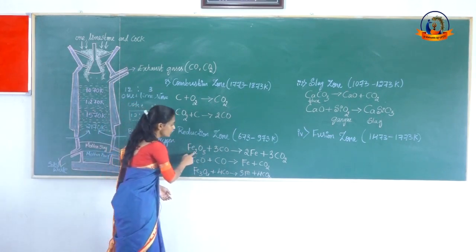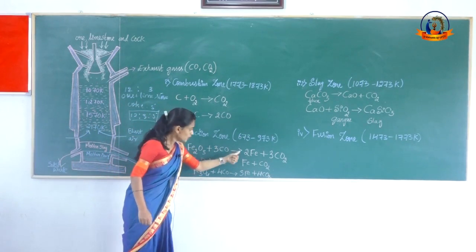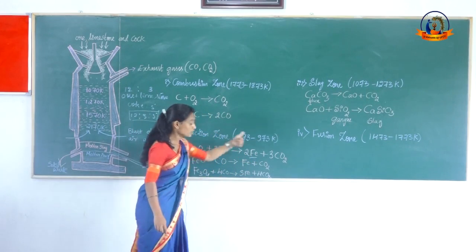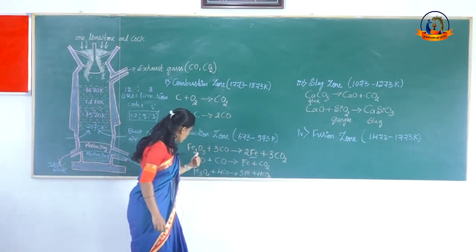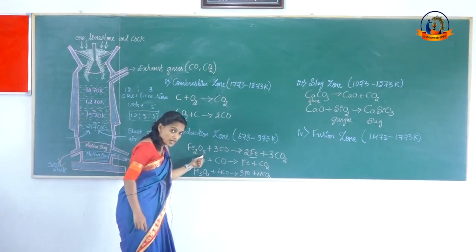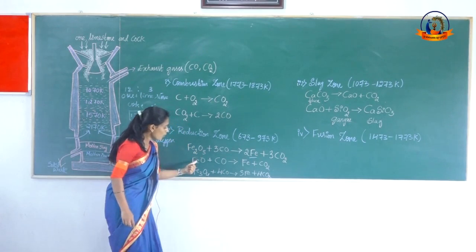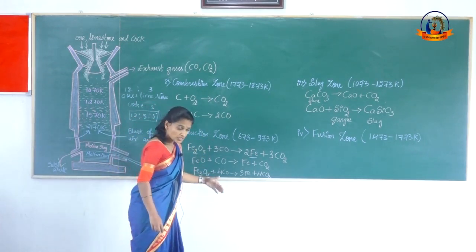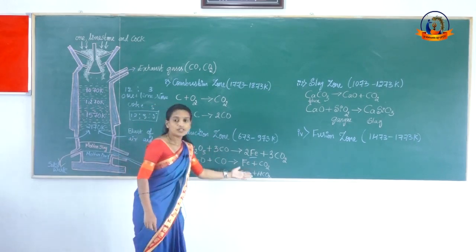Firstly, Fe2O3 reacts with carbon monoxide, leading to the formation of iron, and carbon dioxide is removed as the by-product. So I get the iron. Suppose the ore consists of another iron oxide; if I treat it with carbon monoxide, that oxide is converted into iron.